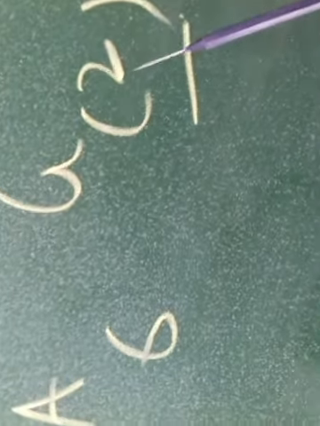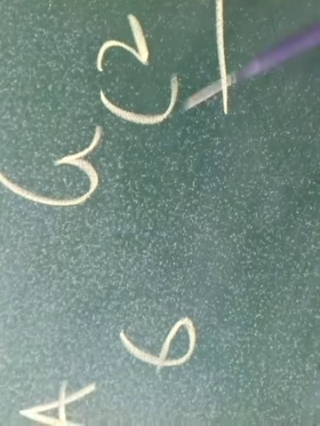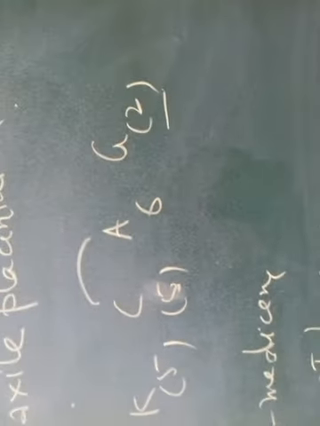The corolla and androecium are attached, this is the sign of epipetalous, and the gynoecium is bicarpellary, so 2 in number, and they're united, that means syncarpous. The dash below the number tells the ovary is superior, that means it is hypogynous. So this is all about the plant of the family Solanaceae.